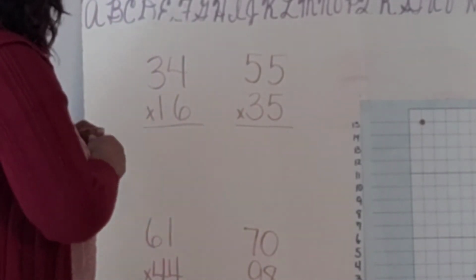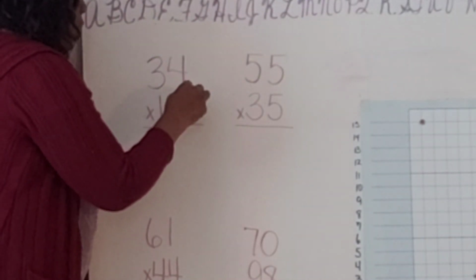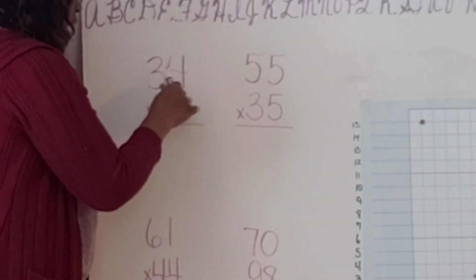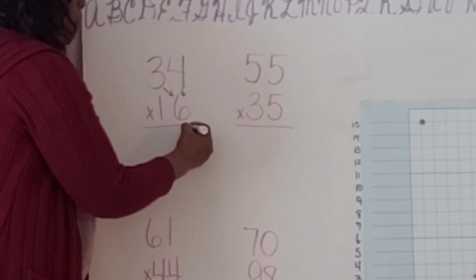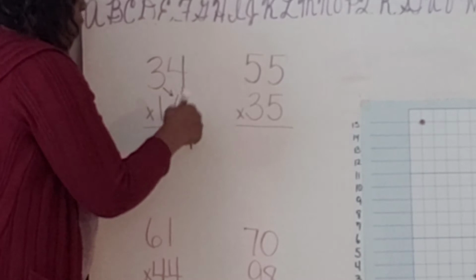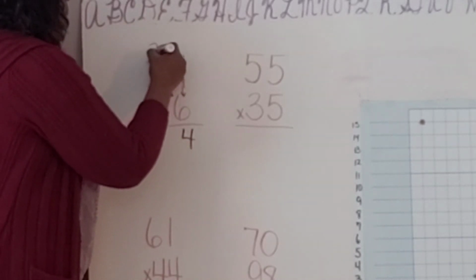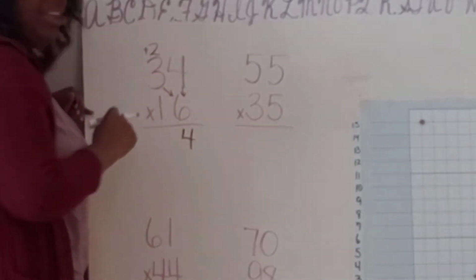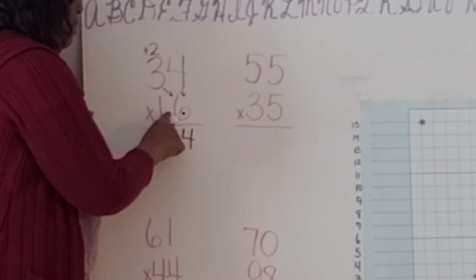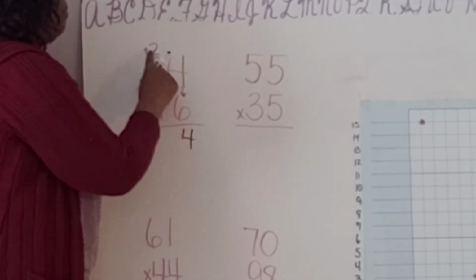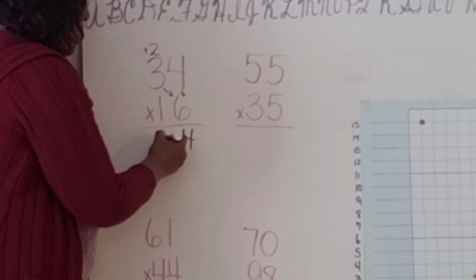So 34 times 6, we always use our ones place first. We go down and then across. So down, 6 times 4, 24. My 4 comes down. My 2 comes on top with a plus sign, right? And then I multiply across. 3 times 6, 18 plus 2, 20.